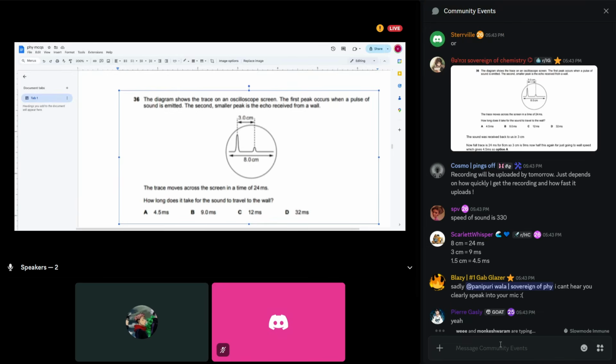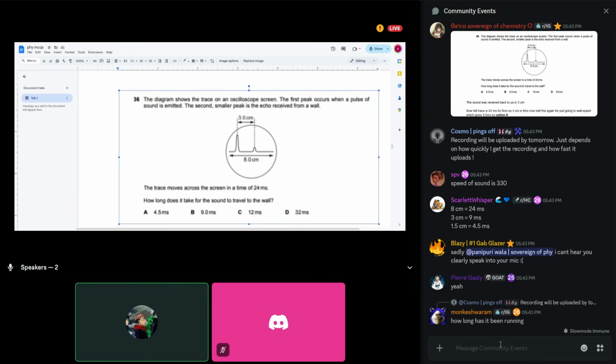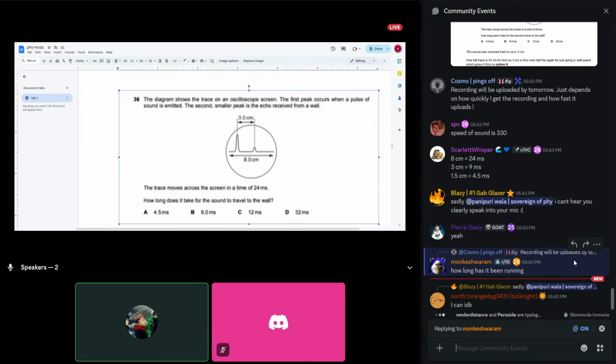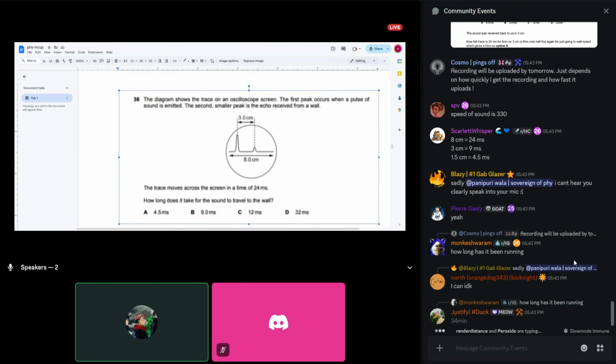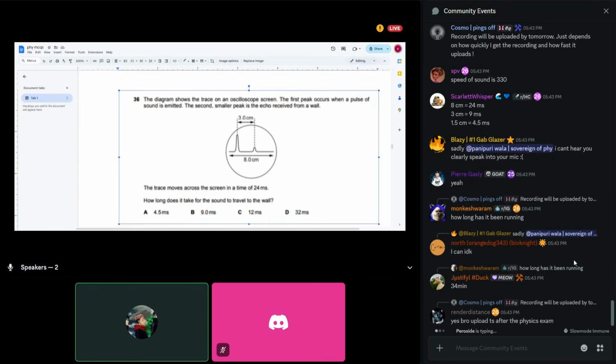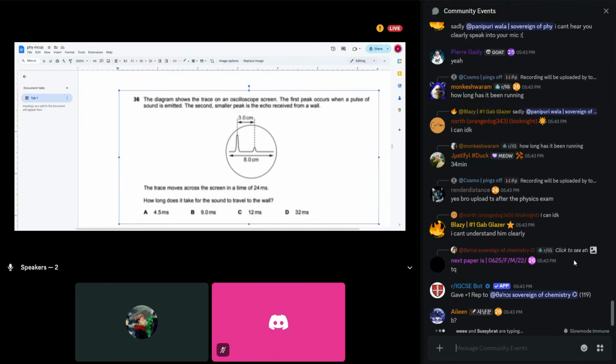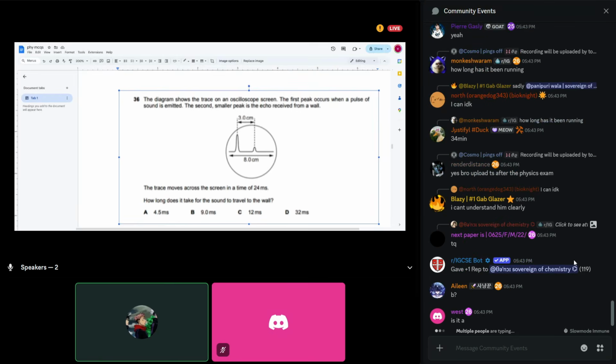We know that the width of it is 8 centimeters. So I want to find time per centimeter. I'm not finding centimeters per millisecond. Okay, this is important. I'm trying to find time per centimeter. It's not B. It is A.